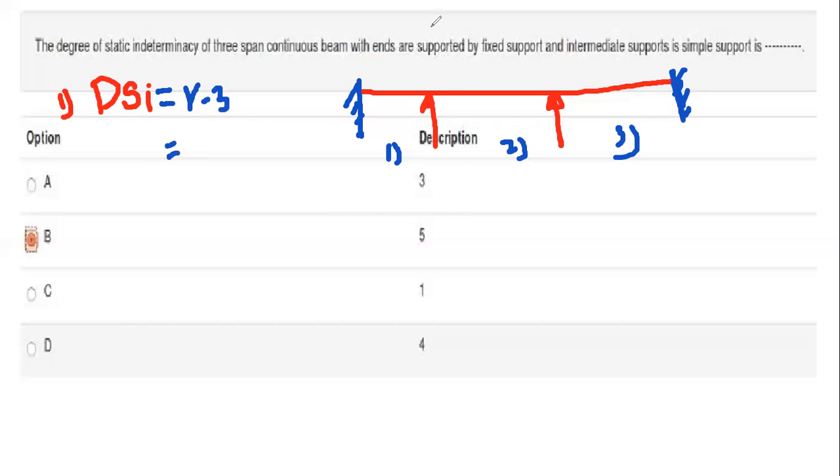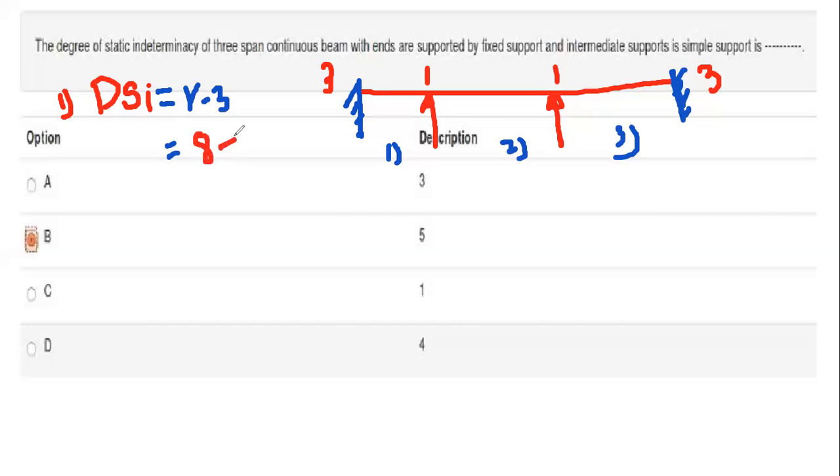Now we will see support by support. At a fixed support, the unknown reactions are 3. At intermediate simple supports, the unknown reaction is 1. So total R will be 3 plus 1 plus 1 plus 3, that is 8 unknown reactions.